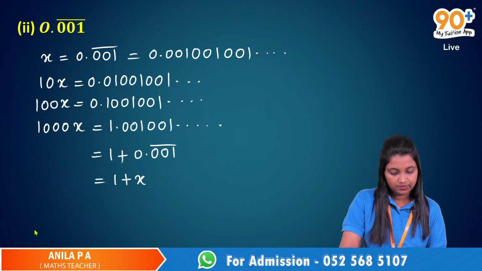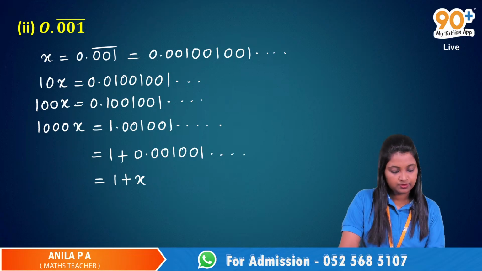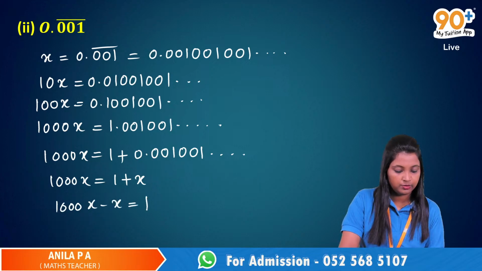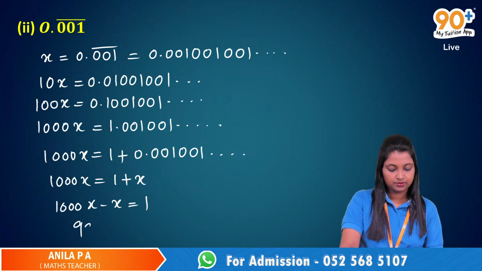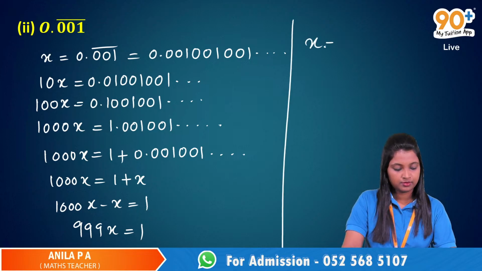Ma'am, we can say x to make it clear. Yes, 1 plus x. Equating this, 1000x minus x is equal to 1. So 999x is equal to 1, and then x is finally 1 by 999.